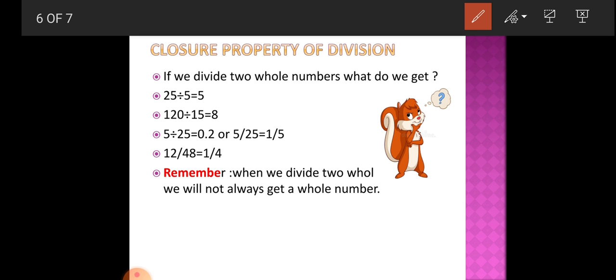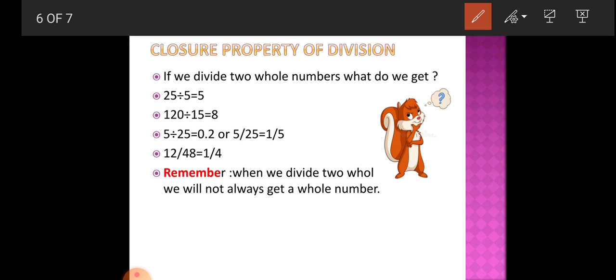Now 5 divided by 25 equal to 0.2, or 5 by 25 equal to 1 by 5, the lowest term of the fraction. Are fractions and decimals whole numbers?